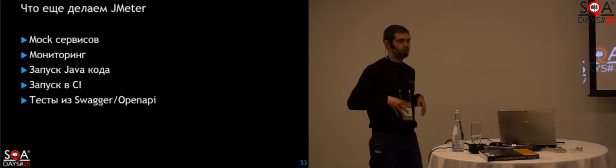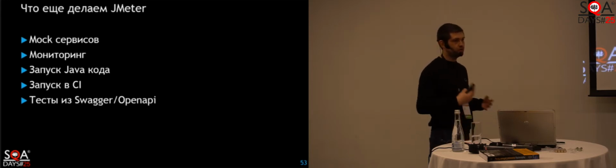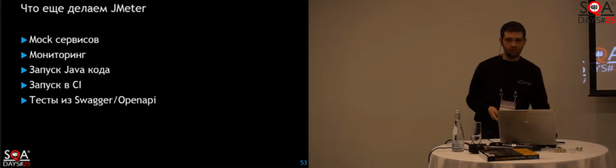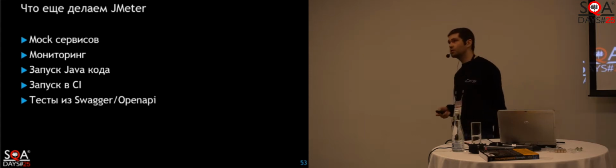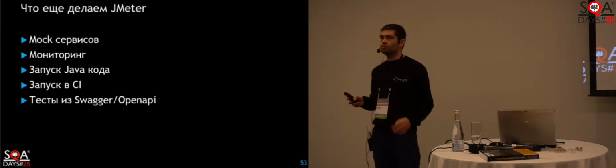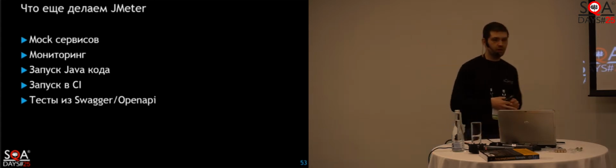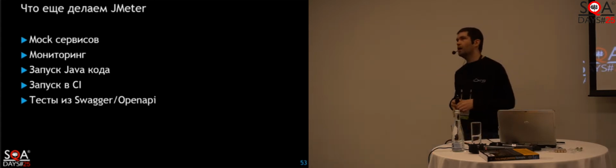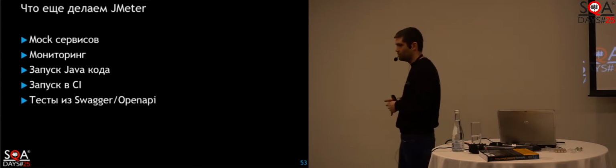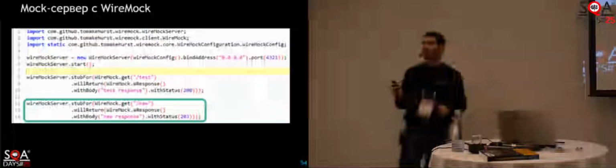It's a real scenario, something we are working on right now, and there are other scenarios that we worked on, namely mock services, system monitoring, Java code launch. We can integrate it with the integration system, and there are also tests from Swagger and OpenAPI.